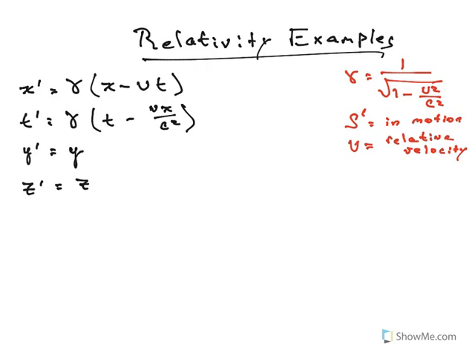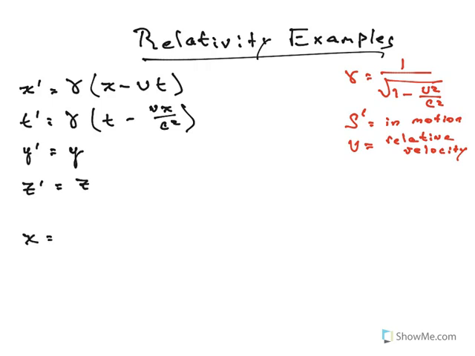Of course, you could go the other way around. You could say, well, if this is what I on the Earth would say the person on the satellite is going to calculate or measure, what about the other way around? Well, to go the other way, all you have to do is replace all your velocities u in these equations with the negative version of it.